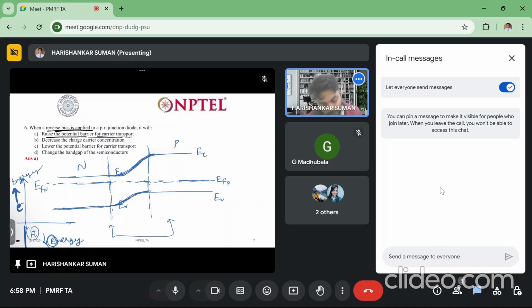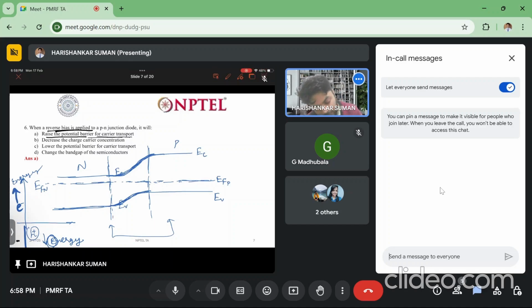Okay, so think about now for electron, for hole. Let's say we have an electron here. They can easily come to this side.